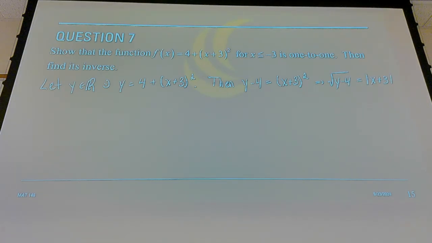Take the square root. However, we know that x plus 3 has to be non-positive.